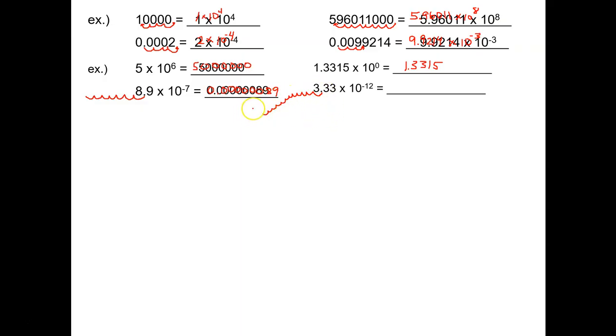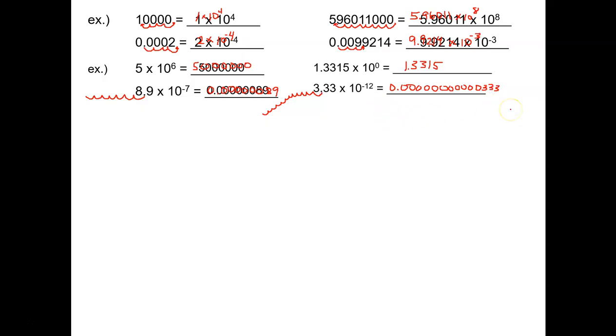So I've got 12 spaces I'm moving this. So I'm going to put 11 zeros here. 3, 4, 5, 6, 7, 8, 9, 10, 11. 3 makes the 12th place, and then there's the other 2 3s.